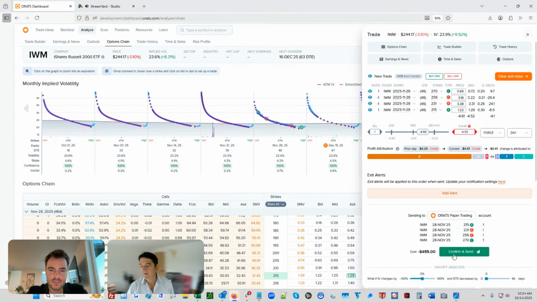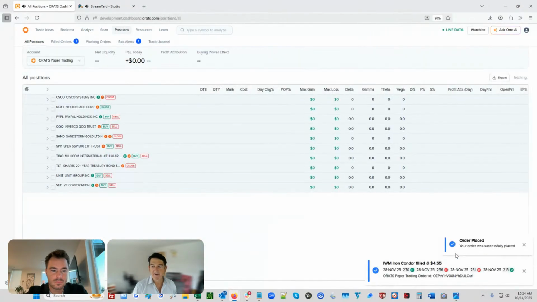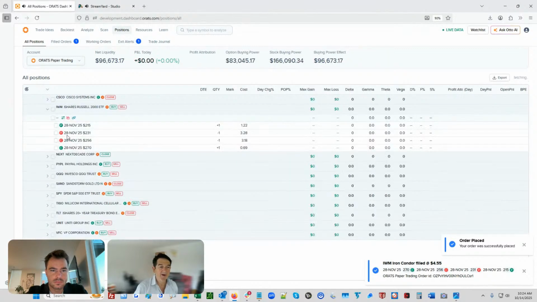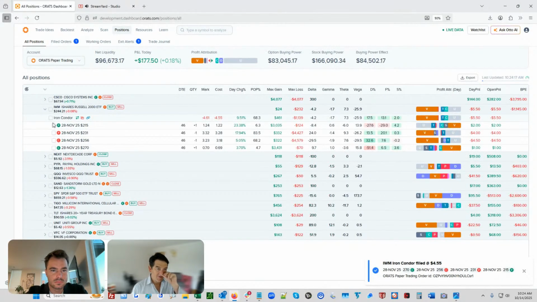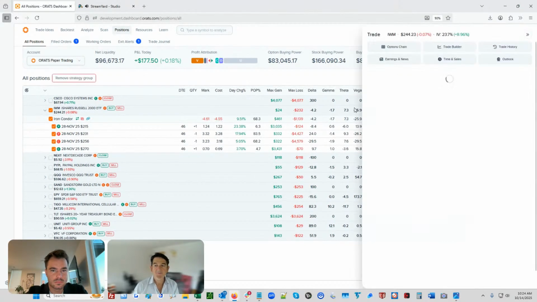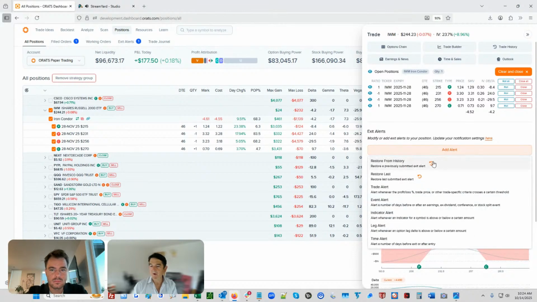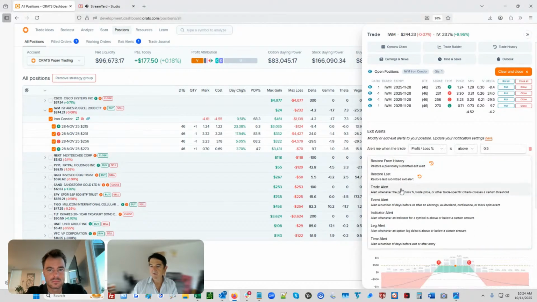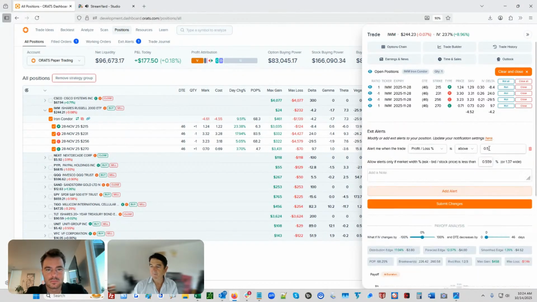Yeah, and so we found a trade that has good edge. So now we put it in our paper trading, and now we could put notes. First of all, we want to get a trade alert when our loss is below 25%.